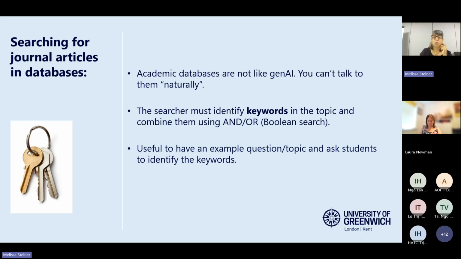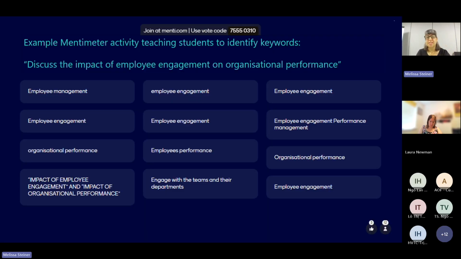And it can be a difficult one to explain. So when I'm teaching the topic of searching a database, I usually have an example for the students to look at, and I ask them to identify what they think the main keywords are in that topic that we could use to search a database. For example, this is a Mentimeter activity, so they can access it on their phone, and I'll give them a topic such as: discuss the impact of employee engagement on organisational performance.